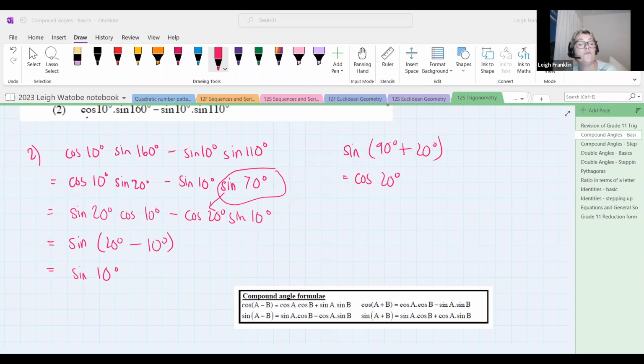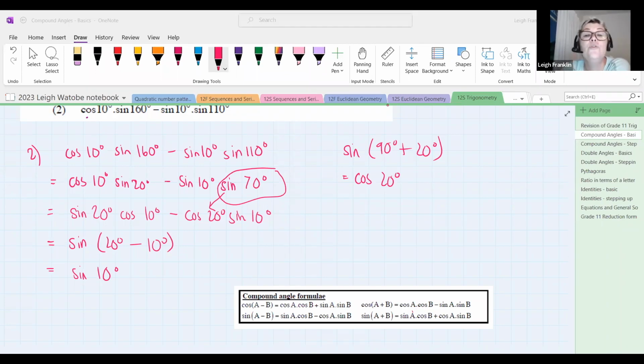If you look at your compound angle formula, if it's a sine compound angle, we're writing sine A first. I don't want 10 minus 20 and to end up with a negative angle. I must write sine first and cos second in my first term. Okay, ma'am, I see it now. No problem.